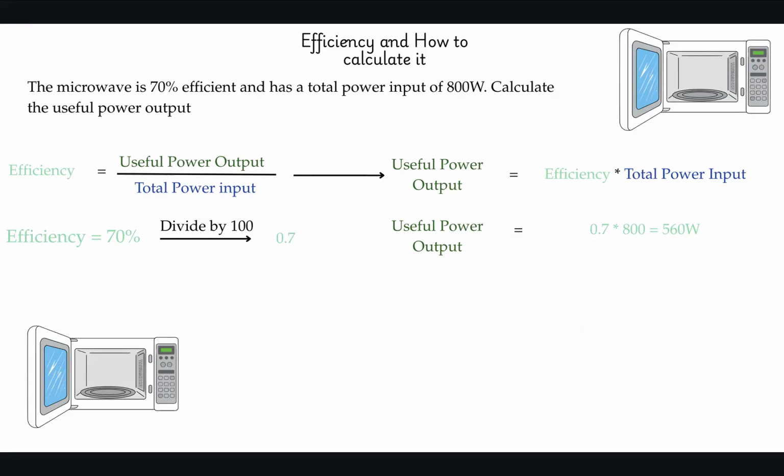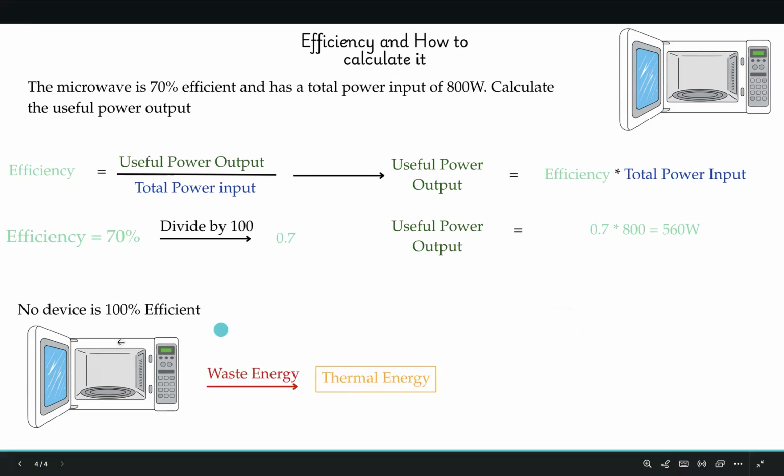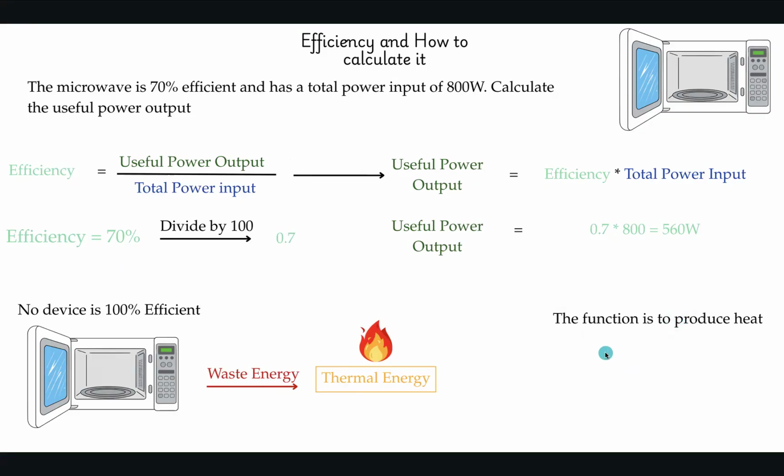So here we had to rearrange the equation. So no device is 100% efficient. The wasted energy for a microwave might be thermal energy, whereas the function is to produce heat.